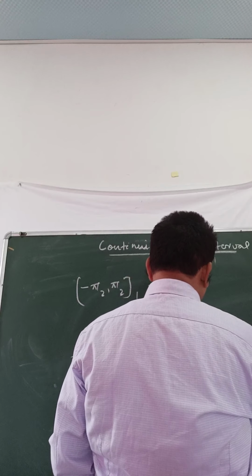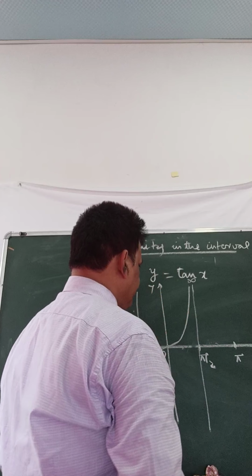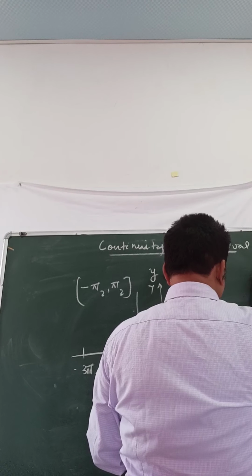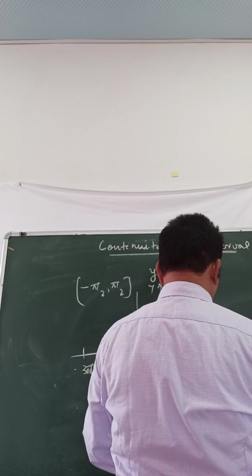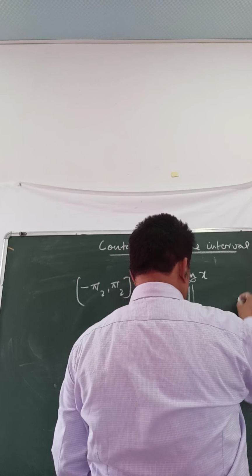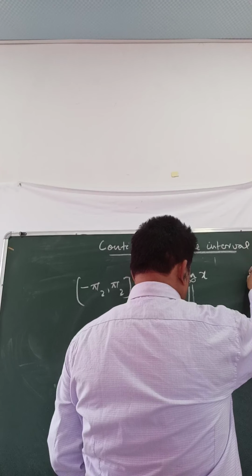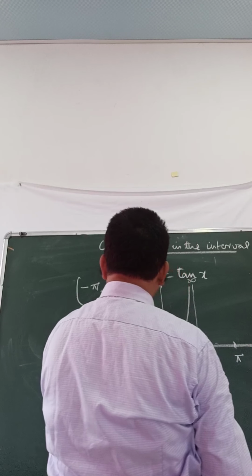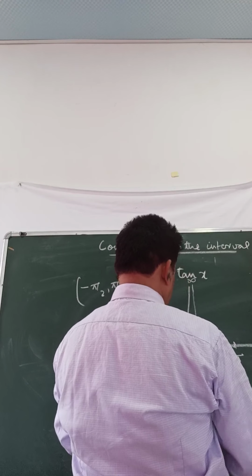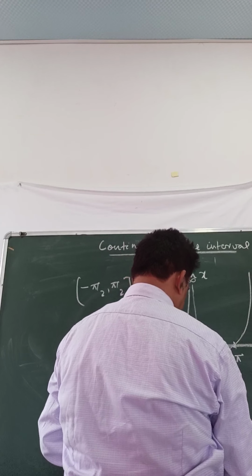Because tan pi is 0, tan 3 pi by 2 is infinity. So tan pi is 0, so the graph goes like this, the graph also comes like this.